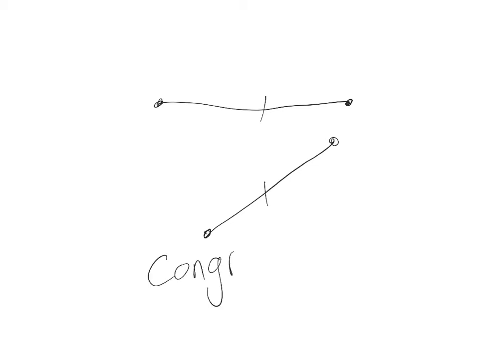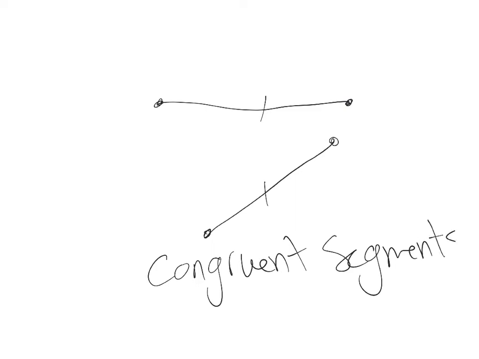If we have two segments that are the same length, we can mark that with hash marks, or tick marks. We call these congruent segments. And that means same length.